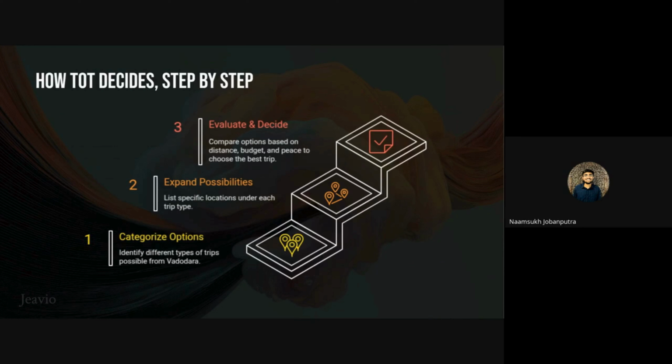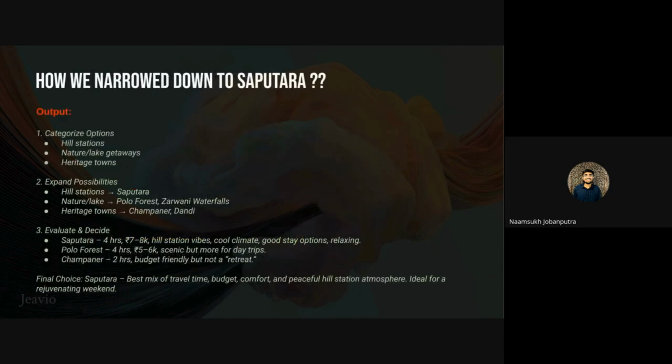It first categorizes the main input data into various options. Then it expands each option into possibilities and then evaluates and decides which of the options are best suited for your use case. So the output format would be narrowed down to Saputara for this, the LLM that we used. What we did was to categorize the various options.